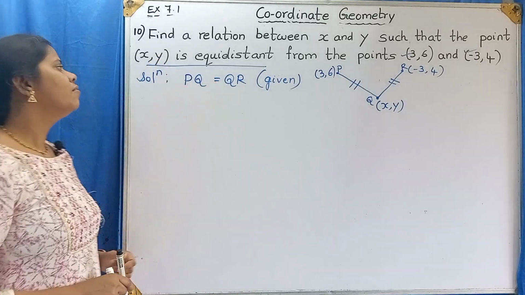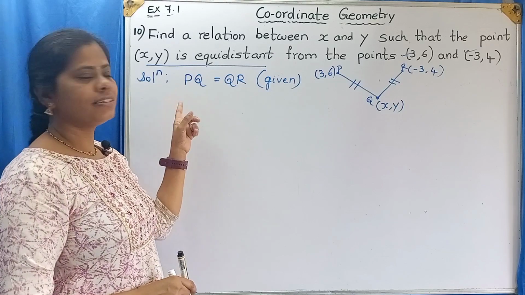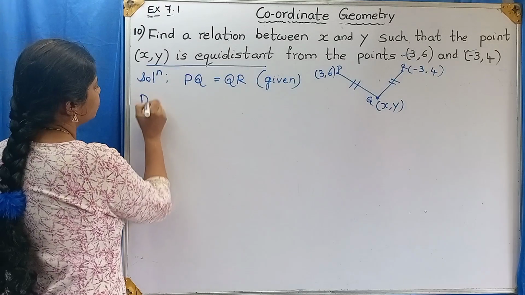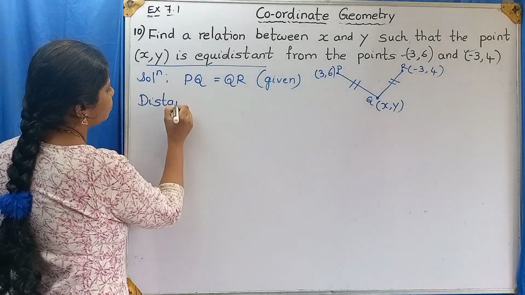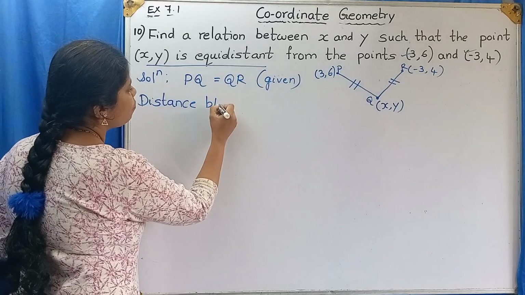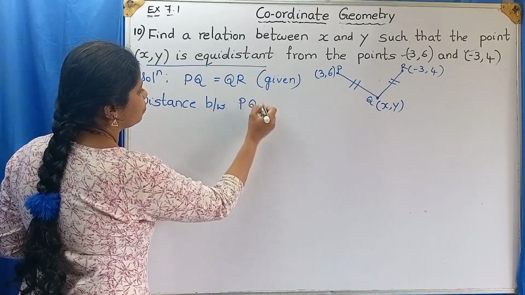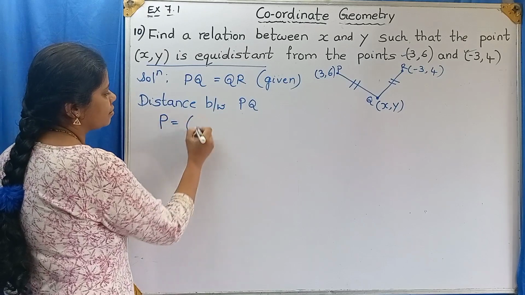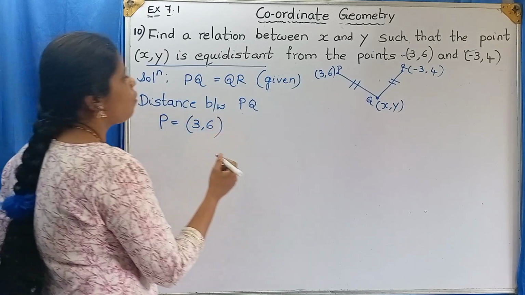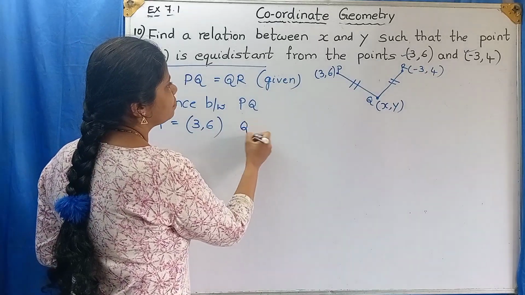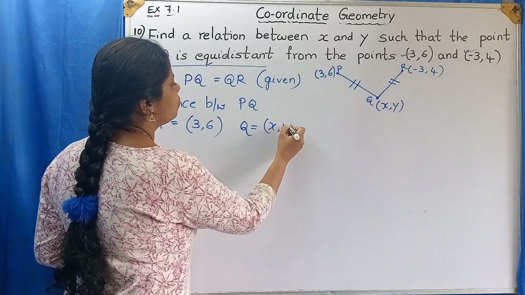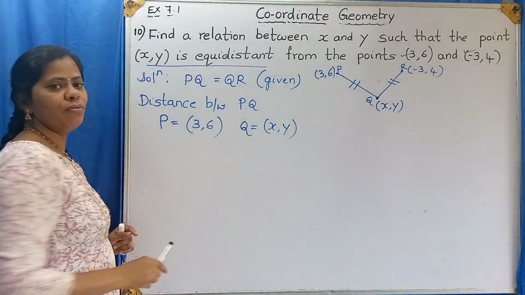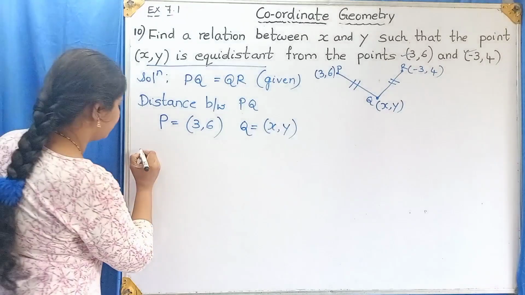First, let us find out the distance between the points P and Q. The coordinate of P is (3, 6) and the coordinate of Q is (x, y). Now let us find the distance PQ by using the distance formula.